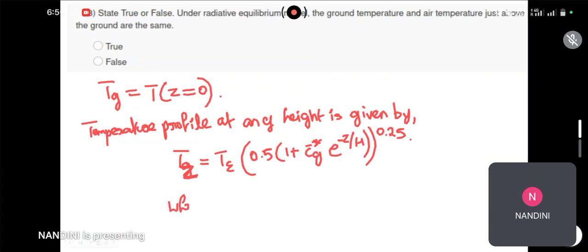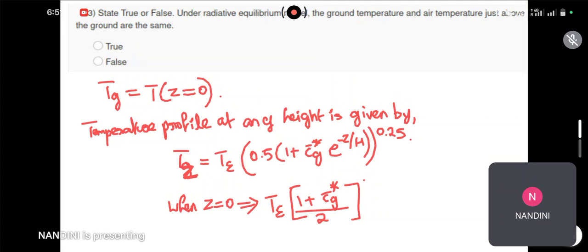So when z is equal to 0, it becomes T epsilon into 1 plus 2 g star divided by 2, since e raised to minus z by h becomes 1, the whole raised to 0.25.